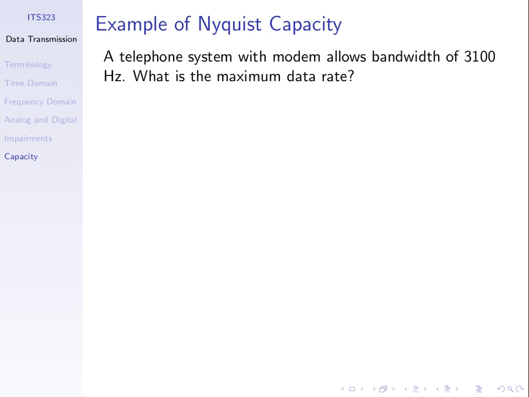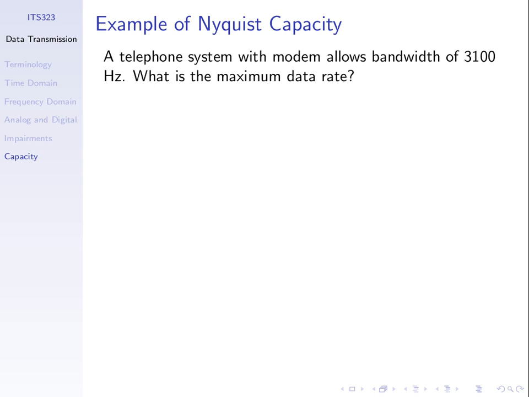Let's do a simple calculation. In this calculation with a telephone line, first assume we have the simplest case. What's the lowest reasonable value of M? What's the lowest number of levels that we could use? 1, 2. We need 2 levels because we need to represent 2 different bits, 0 and 1.